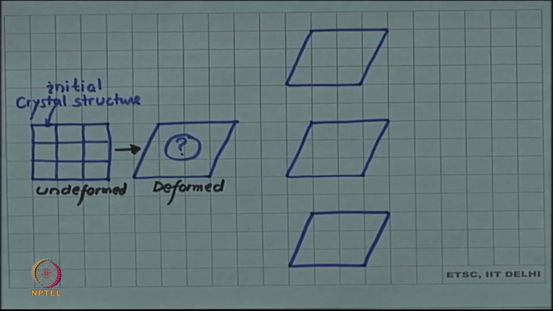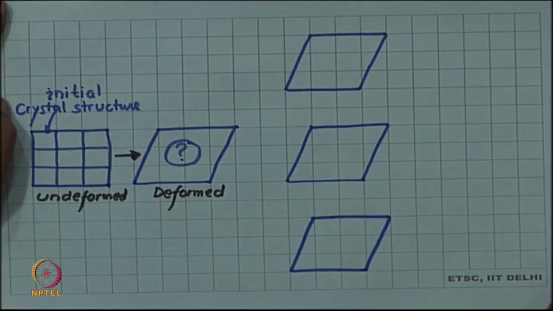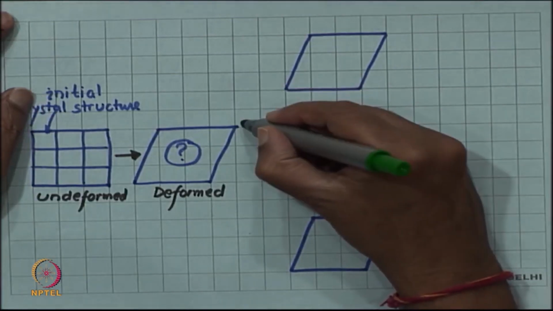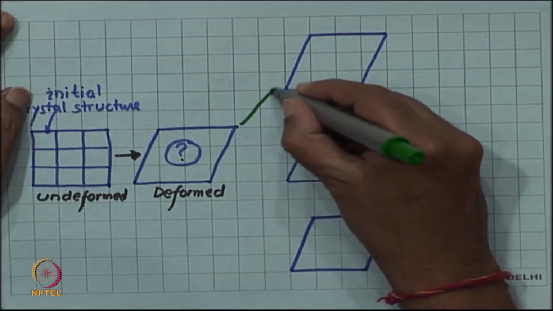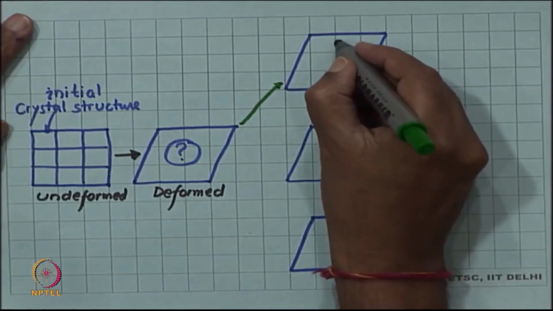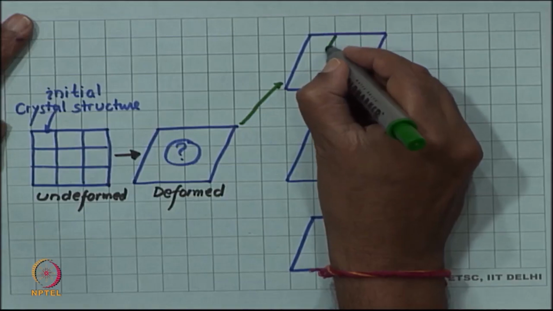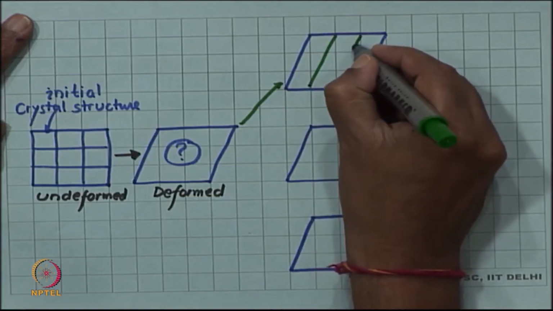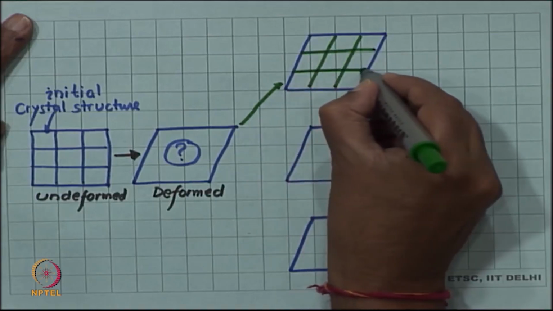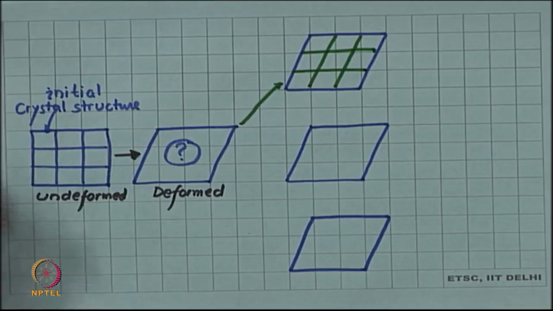Now, we can take several stands or several views about it. So, one view could be that as the material is deforming, the crystal structure also changes according to the deformation. This is quite natural to assume. So, I think that the deformation has changed the crystal structure.